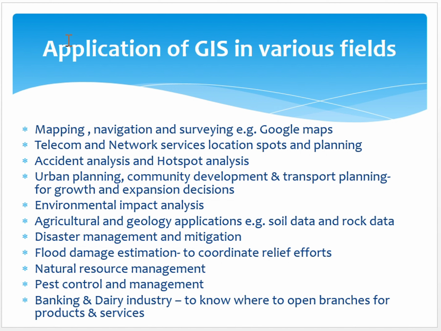The application is in various fields. One is in mapping, like I've mentioned so many times in this tutorial. One is in navigation, the idea of creating Google Maps is an example of a geographic information system. Another area it's used is in analyzing accident hot spots on a road. Why are there so many accidents in an area?